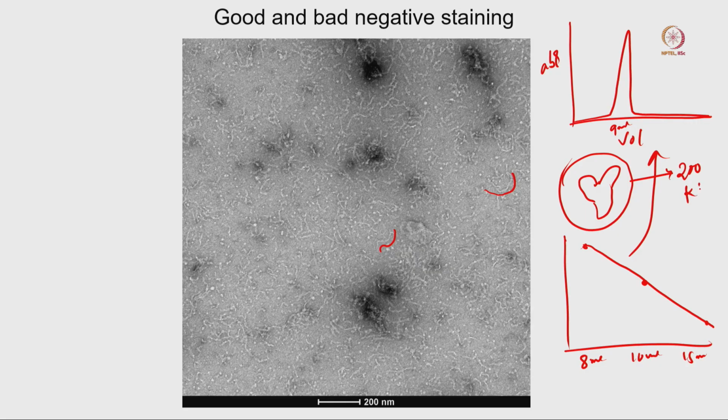So here we are expecting some kind of trimeric shape, but overall you cannot see any trimeric shape, though your protein eluted at 9 ml. We expect proper folding of the protein to give us a trimeric shape, but in this particular image we cannot see that. Then it is definitely not a good sample.